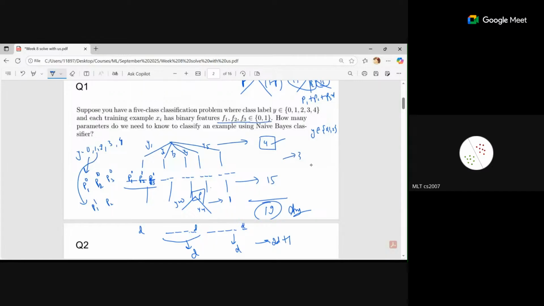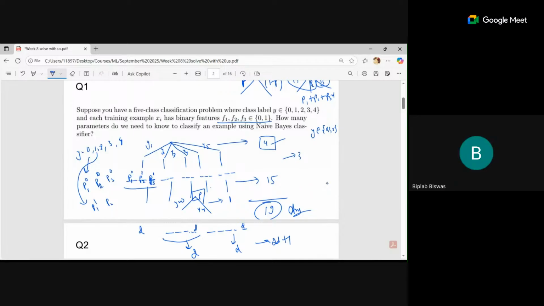Then what does it look like? I'm telling you five classes, but the features are having more values, meaning instead of 0, 1, let's say 0, 1, 2 for the features.